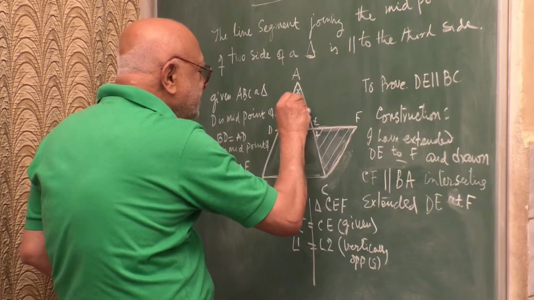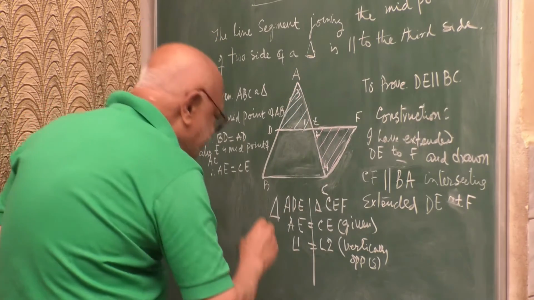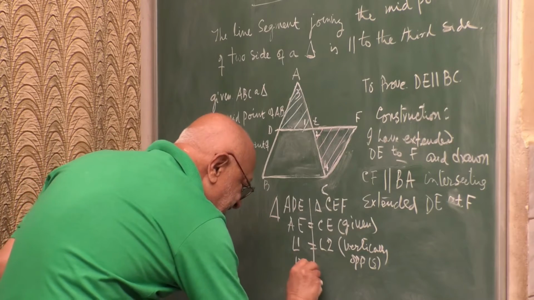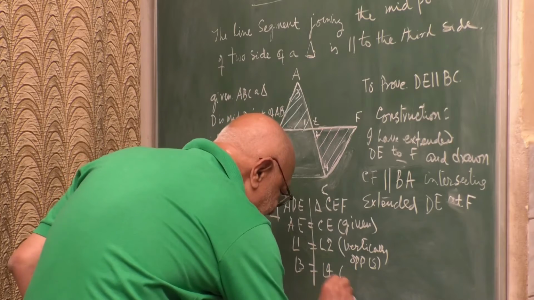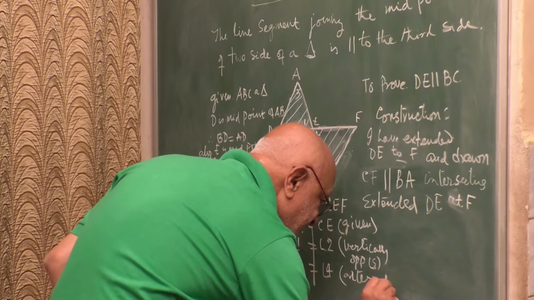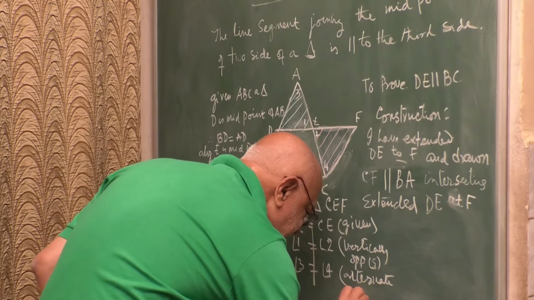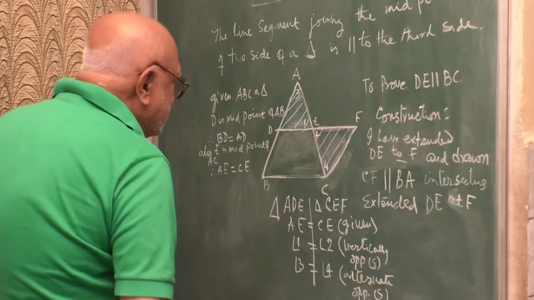We have this one as angle 3 and this one as angle 4. Angle 3 is equal to angle 4, that is alternate angles. Okay.